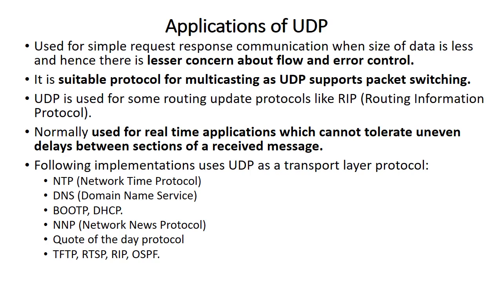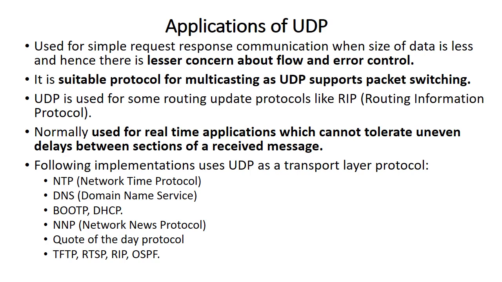It's normally used for real-time applications which cannot tolerate uneven delay between sessions of a received message. Some implementations of UDP under the transport layer are NTP, DNS, BootP, DHCP, RTSP and RIP, along with other protocols we discussed in modules 3 and 4.